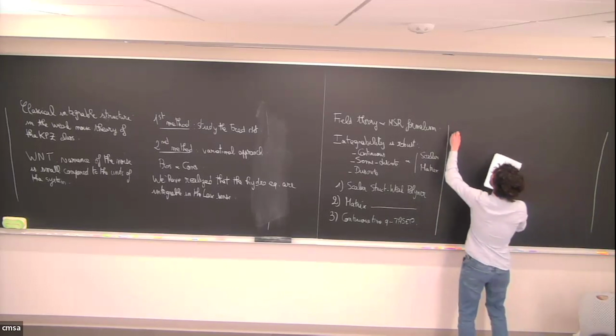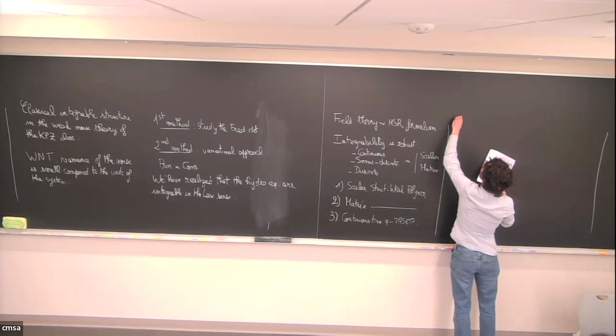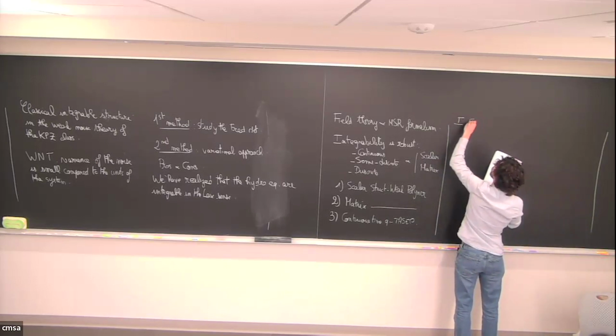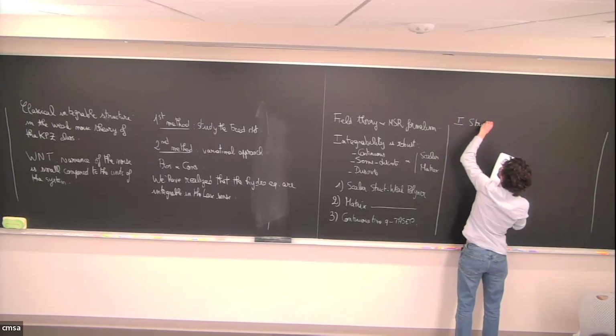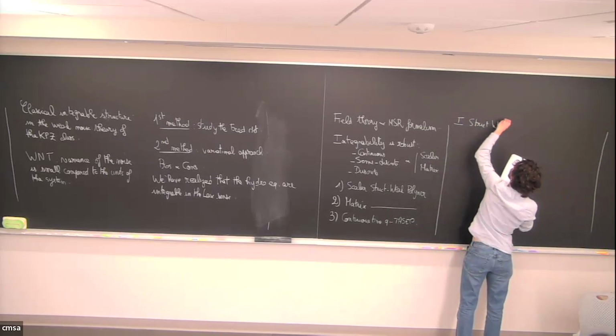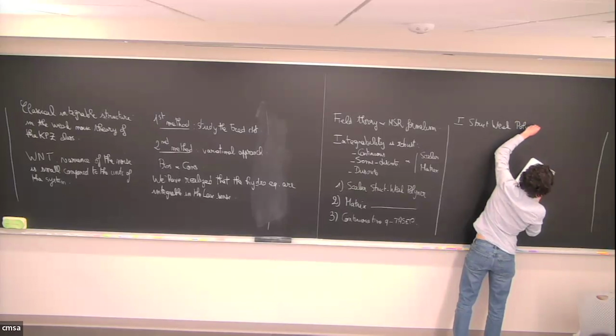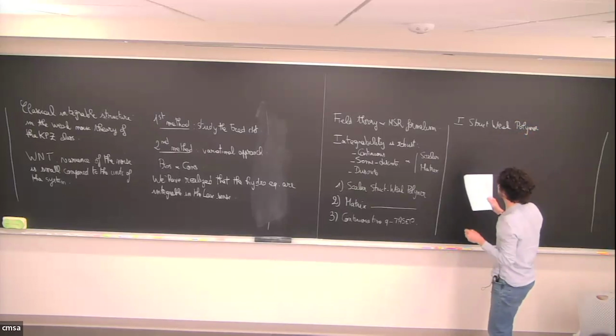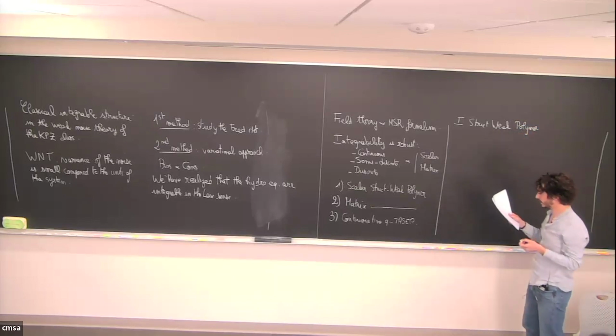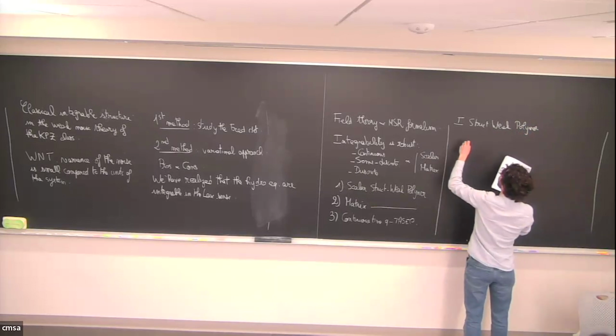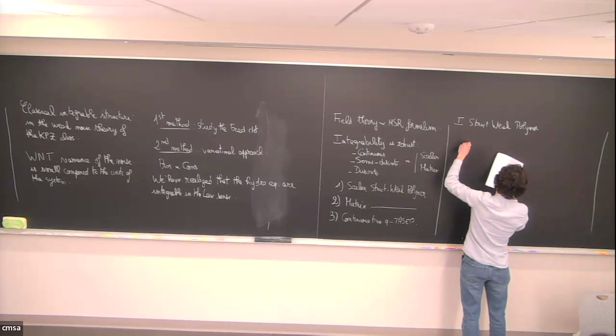Okay, so let's start with the first model, the strict-weak polymer. The strict-weak polymer was originally introduced by Corwin, Seppäläinen, and Shen, and it basically describes the recursion on the partition sum of a polymer.